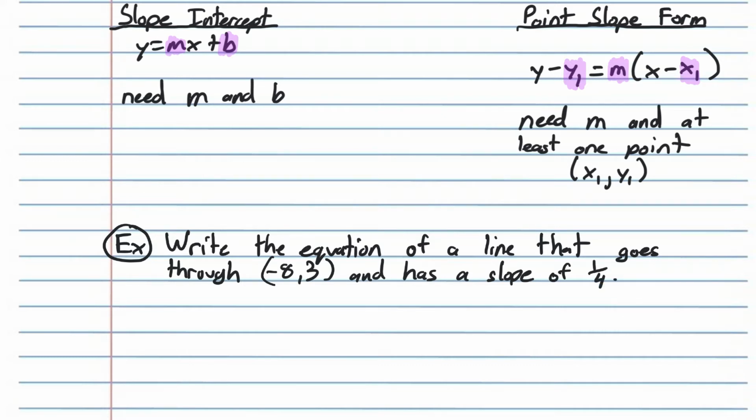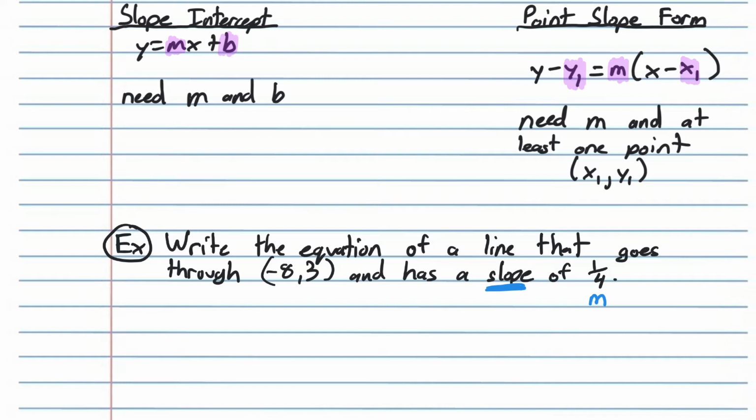Okay? The first thing you want to do with these questions is always identify what it is they're actually giving you and label it, right? Do we have an m? Do we have a b? Do we have an x1, a y1? What do we have? Well, the easy one here is the slope because they literally just said the word slope, right? So we know that 1/4 is our m value, okay?